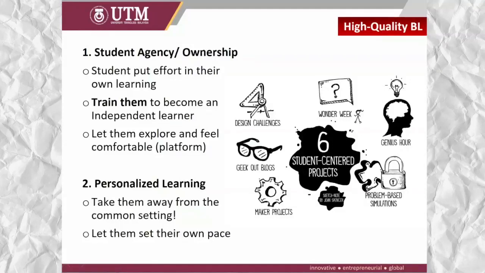Another important element is personalized learning. For example, if you have 14 topics, you must allow them to choose whichever topic they want to start with first. They might not start with topic 1.